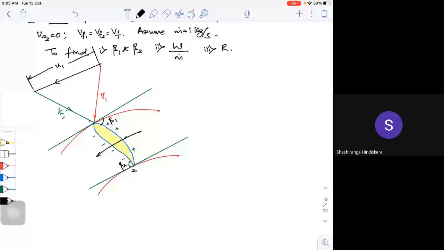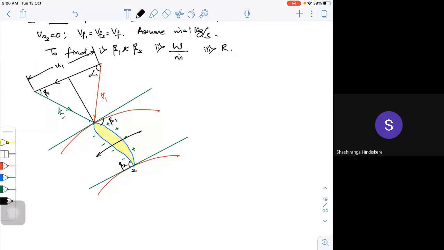Now, what will be this angle? This will be your beta 1. This will be your alpha 1. Now, what are the two components of velocity V1? I have one component of velocity in the flow direction, exactly perpendicular. That will be my VF1.